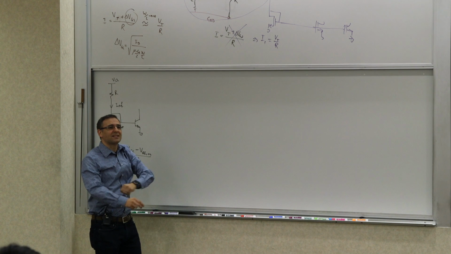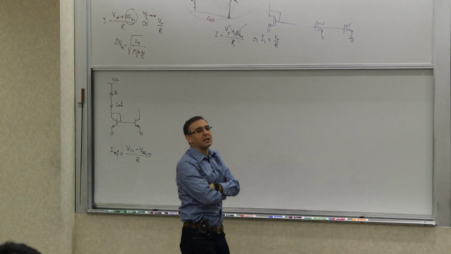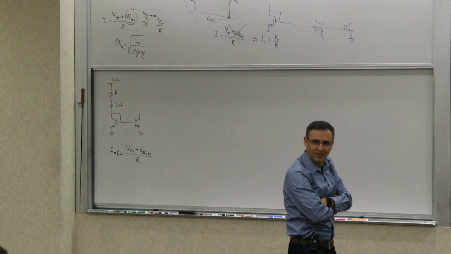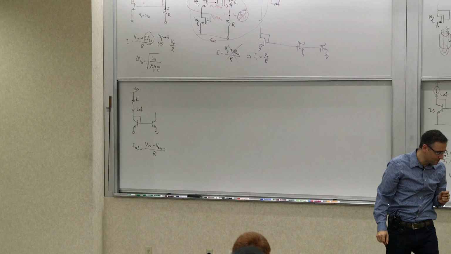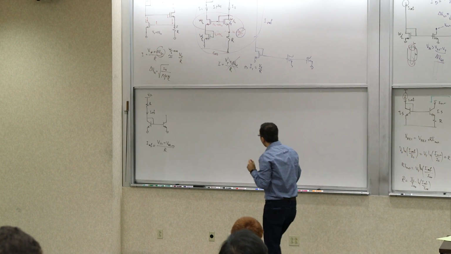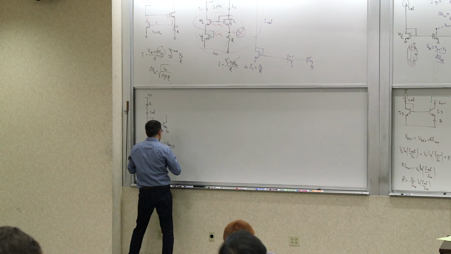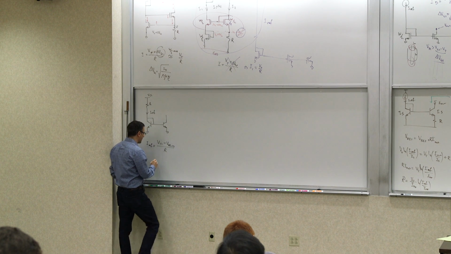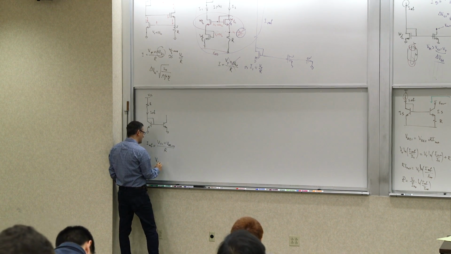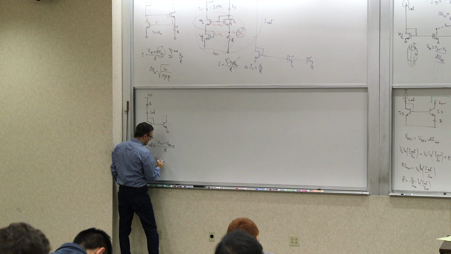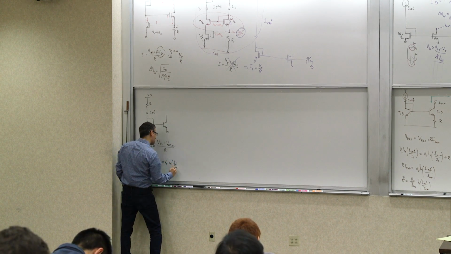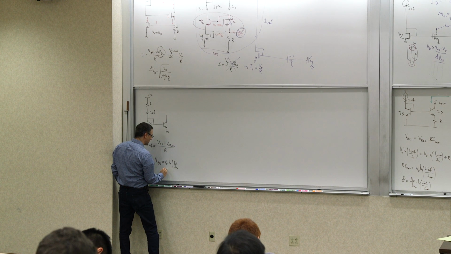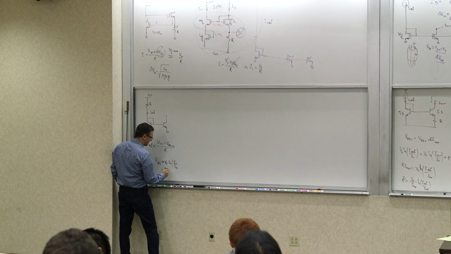The question is, what is the temperature dependence of the VBE? And that's an interesting question, because it can actually be a little bit of a misleading question in the beginning. So you may come back and say, well, VBE is VT natural log of IC over IS, and VT is KT over Q in a bipolar transistor.